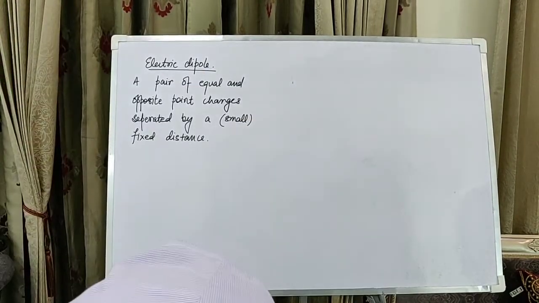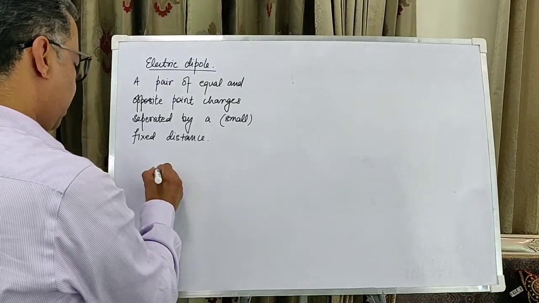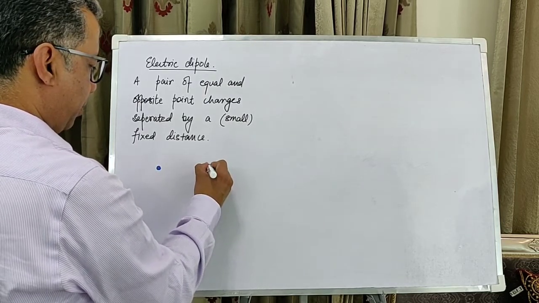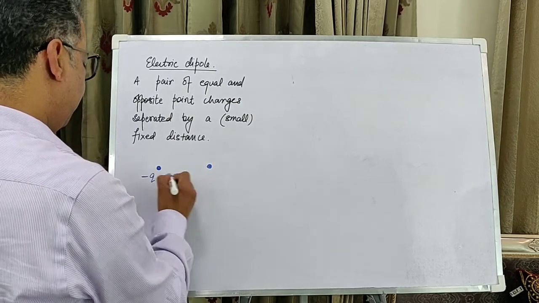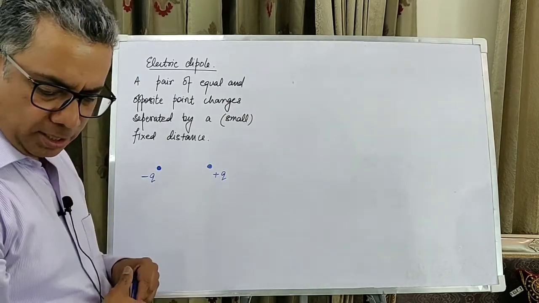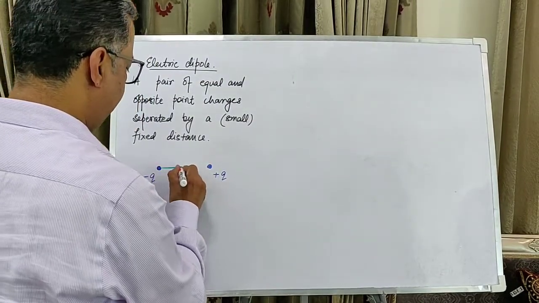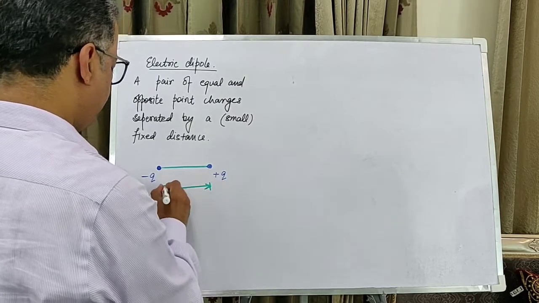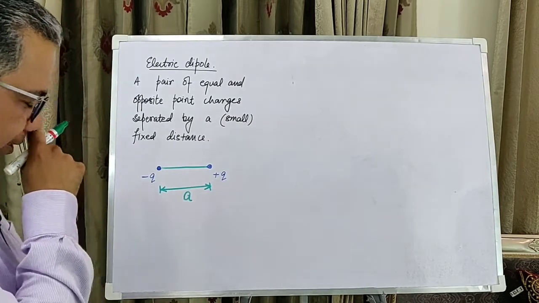Now if we have a pair of equal and opposite charges, minus q and plus q, separated by a small distance, let's say a, then we have a dipole on our hands.